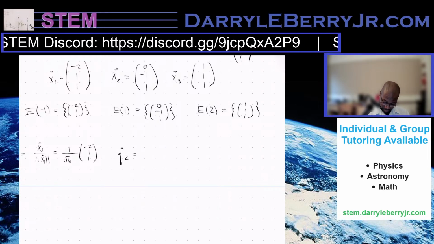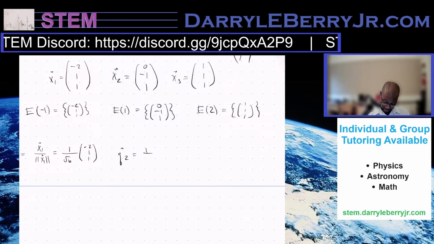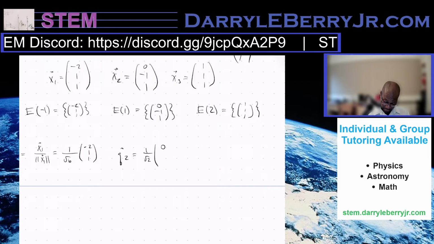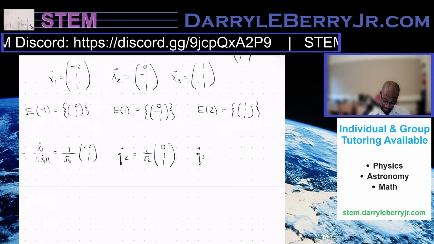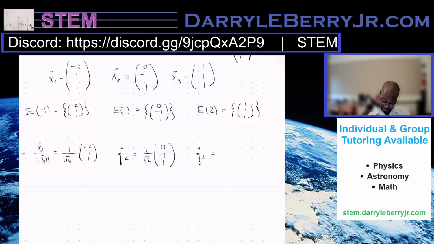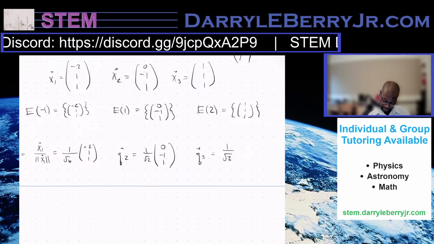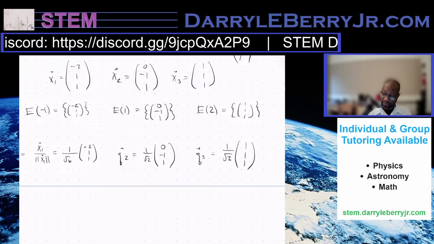Q2 equals 1 over square root of 2, 0, negative 1, 1. And Q3 equals 1 over square root of 3, 1, 1, 1.